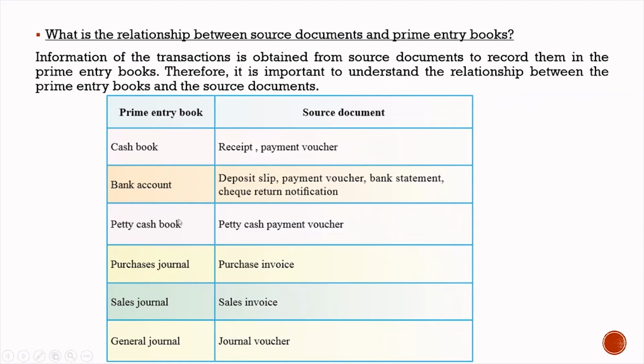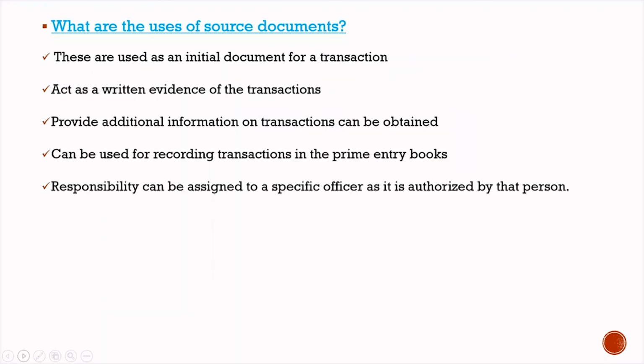For the petty cash book, the petty cash payment voucher is the source document. Purchase journal, the purchase invoice. Sales journal, the sales invoice, as well as for the general journal, the source document is the journal voucher. It is on these that the transaction details are recorded, and from these we take the transaction and initially record it in the prime entry books, which will then go to the ledger accounts.